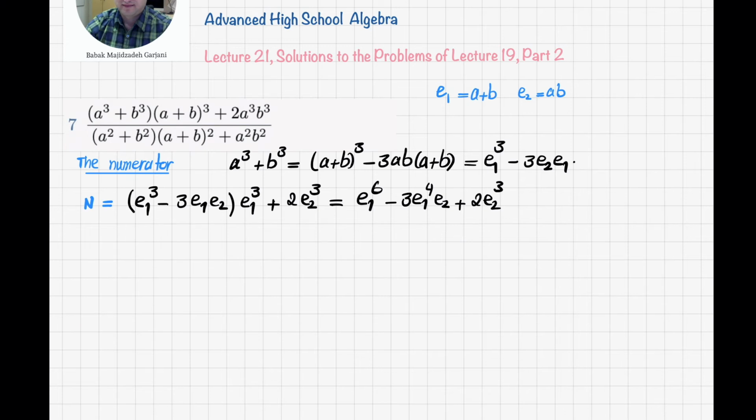Based on the experience that you have got so far, I don't think it's hard to guess that you can break the middle term. It will help you to have the common factor at the end. So I would write it as e1^6 minus e1^4 e2, and then minus 2 e1^4 e2, and then finally at the end I will have 2 e2^3.